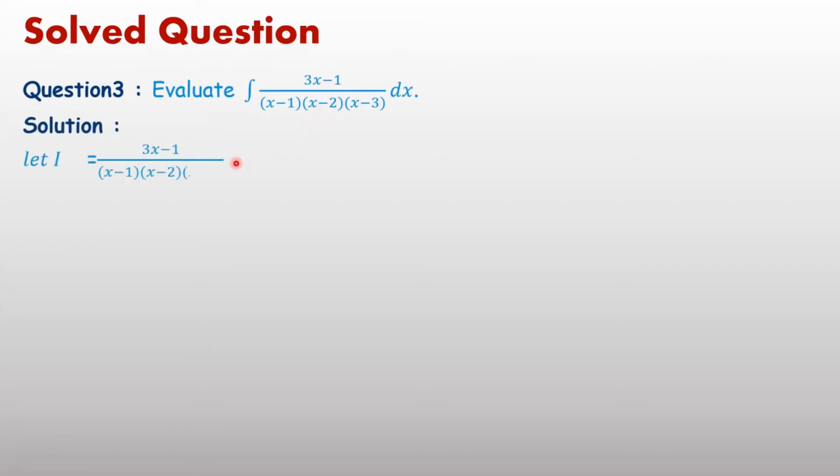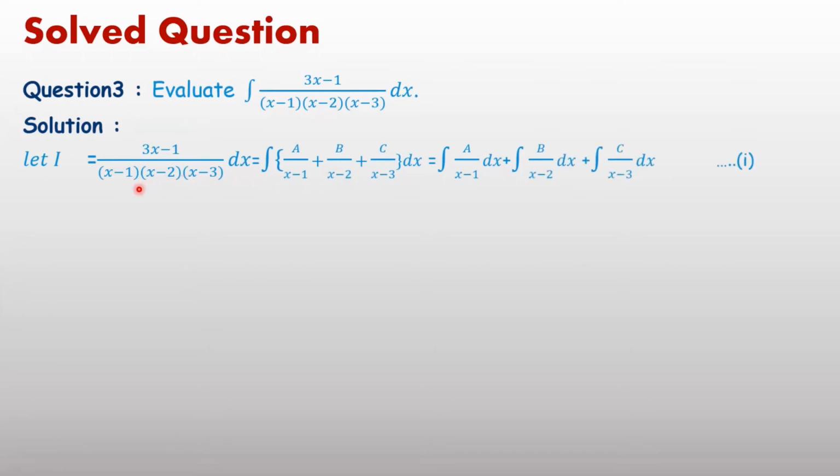Then 3x minus 1 upon x minus 1 into x minus 2 into x minus 3, we can write as integration of a upon x minus 1 plus b upon x minus 2 plus c upon x minus 3 dx, and you are getting equation first.